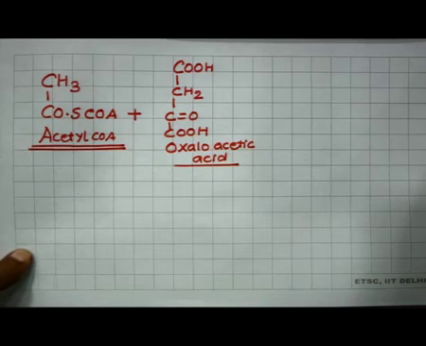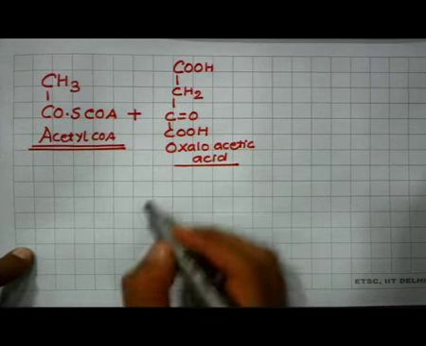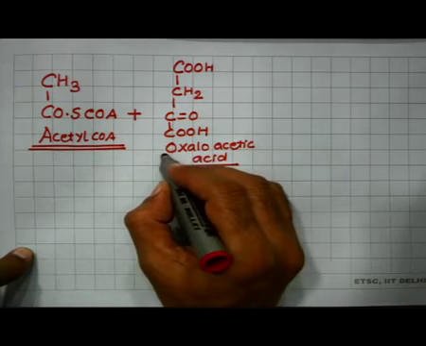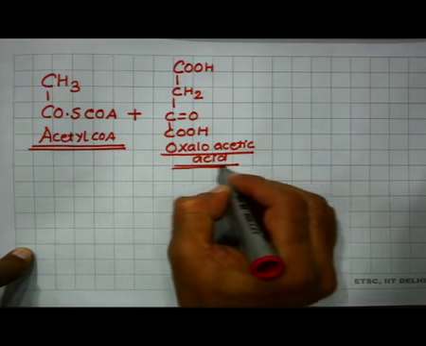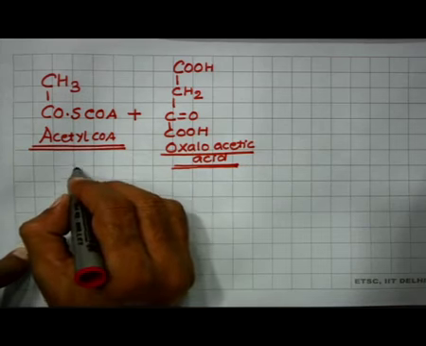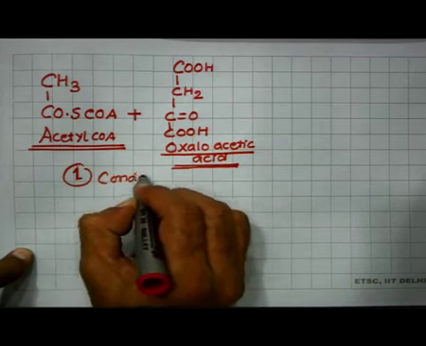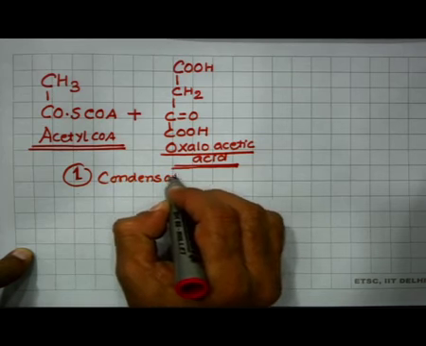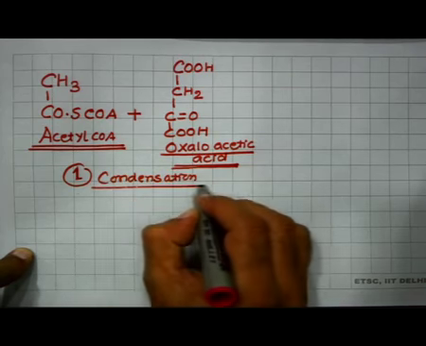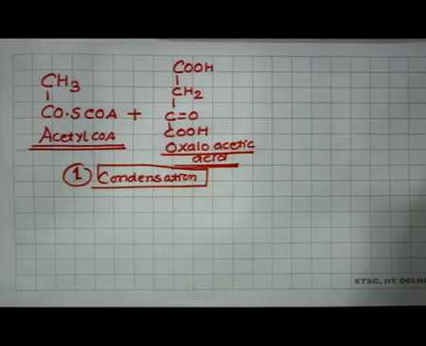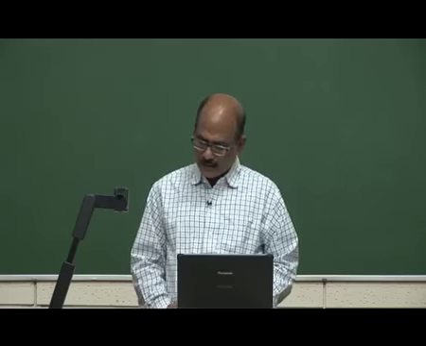It is a 4 carbon compound, and here is the 2 carbon compound. The acetyl coenzyme combines with the oxaloacetic acid. This is the first reaction, and that reaction is called condensation. So, this is the first step of the Krebs cycle, that is condensation.